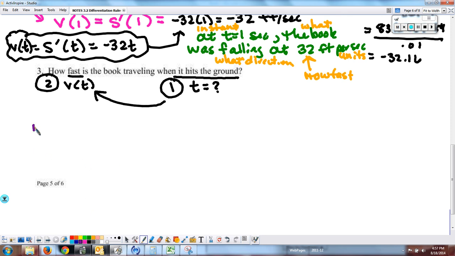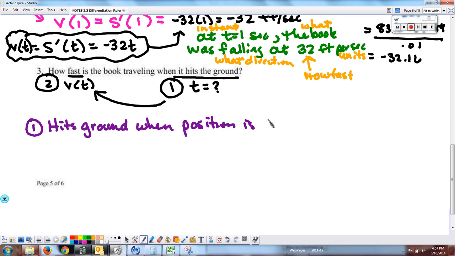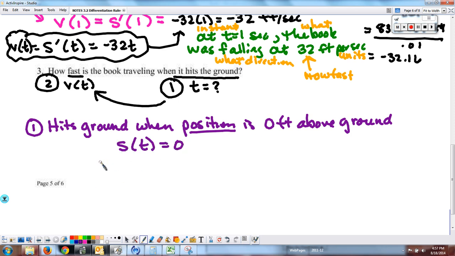Now let's think about it. When it hits the ground, let's think about our position function. That's a position question. When your position is 0 feet above ground. So you have to recognize what formula you're using. So I'm looking for the position function. I need the position to be 0 feet above ground. So I'm trying to solve the equation s of t equal to 0, negative 16t squared plus 100 equal to 0.